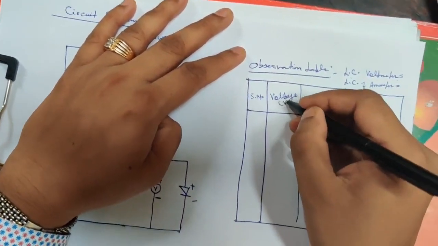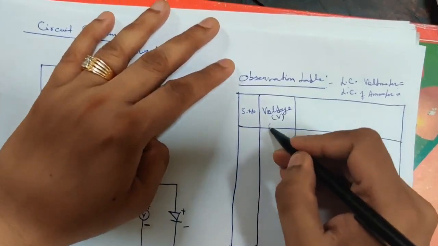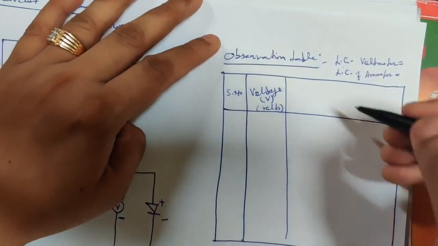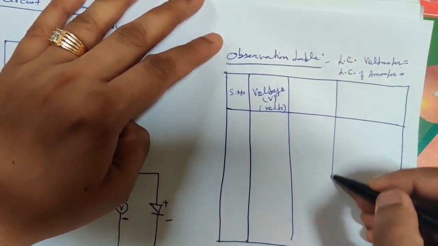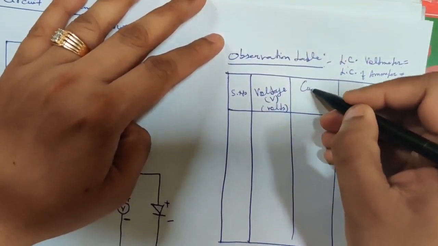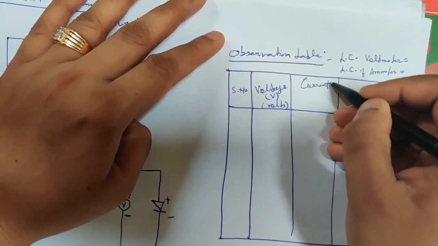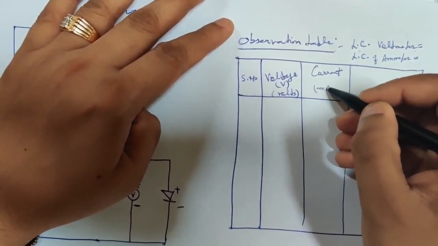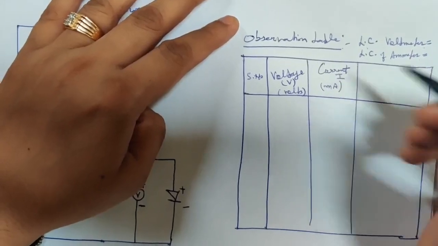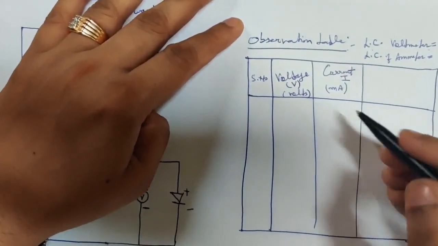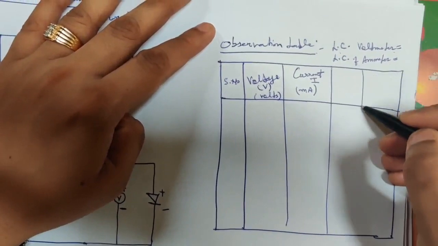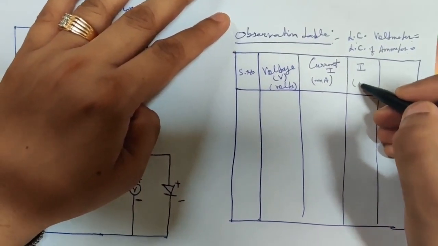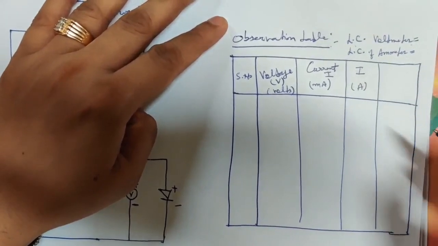So serial number, and then we can write the voltage with symbol V, and yes, with its unit in volts. Then we will measure the current in milliampere, symbol I. All right, and this current has to be converted into ampere. So I can also measure in ampere.